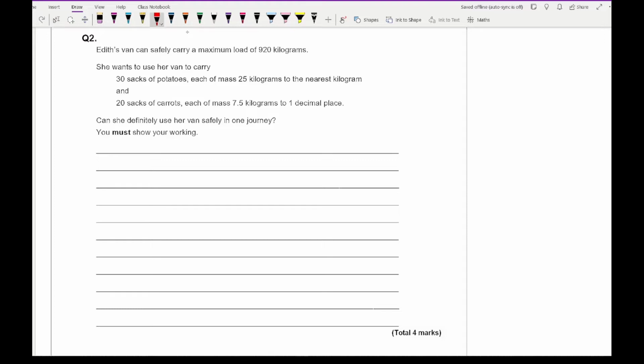Now the worst case scenario is having the heaviest bags. Now if I look at the rounding of each of these, 25 to the nearest kilogram is going to be 25 plus or minus half of what this is, so 0.5.